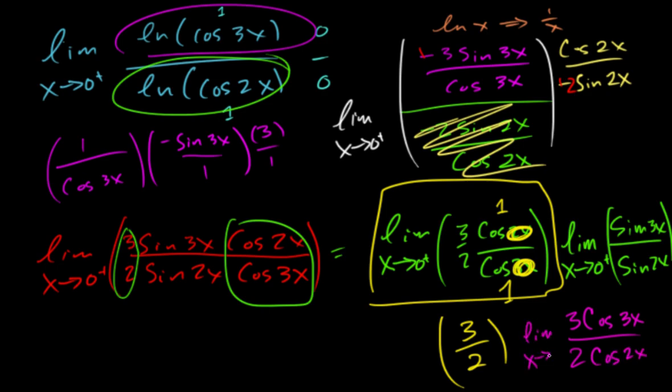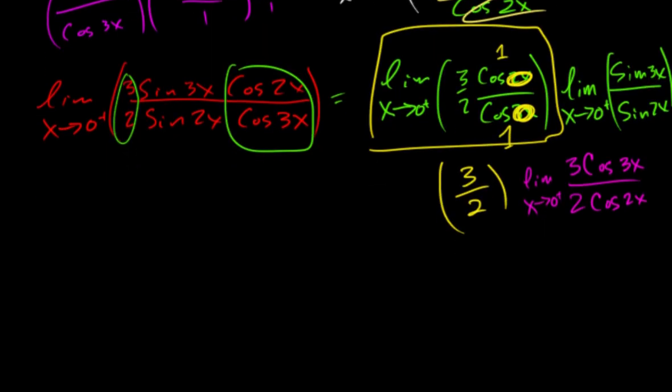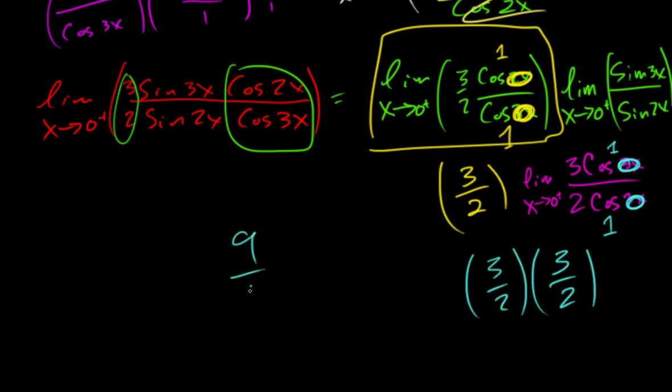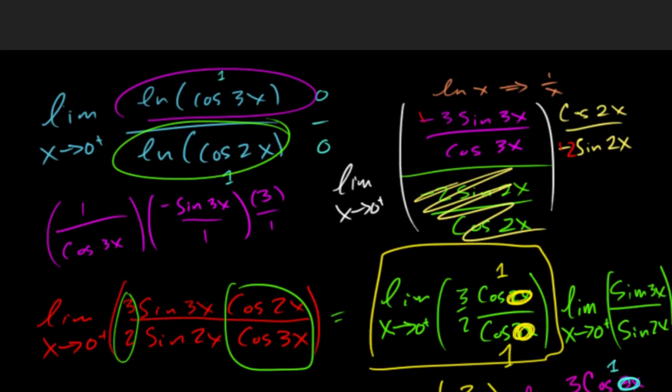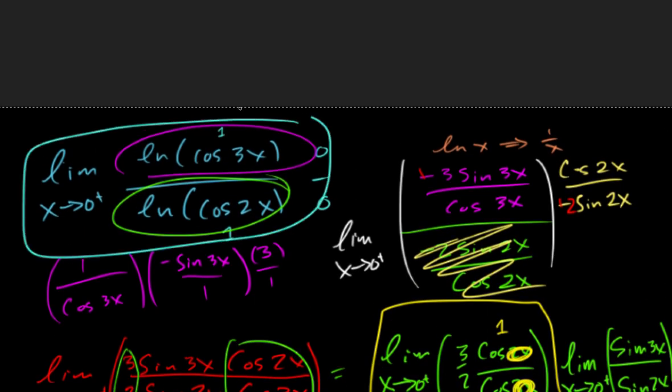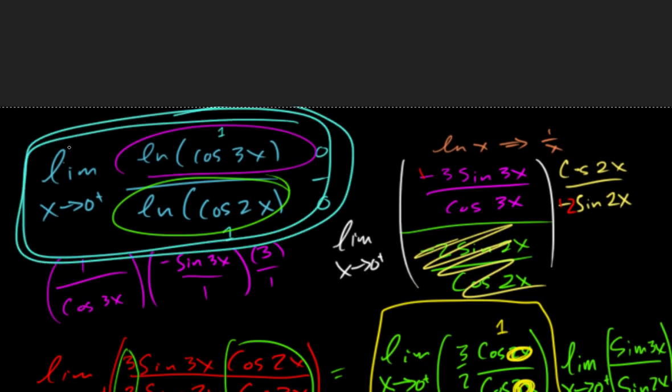That's still the limit as x approaches 0. We still have that 3/2. Now if we plug in the limit, cosine of 0 is 1, cosine of 0 is 1. 3 times 1 is 3, 2 times 1 is 2. So now we have 3/2 times 3/2, which gives us 9/4. And so the original limit up here is equal to 9/4.